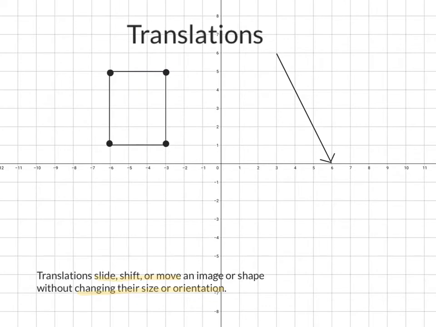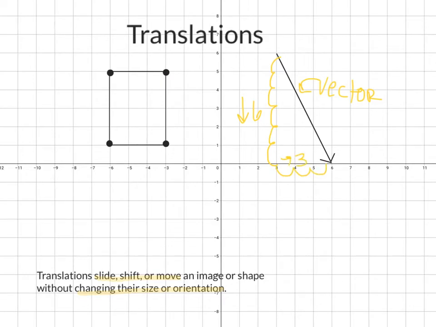Now, oftentimes translations may give you a vector, right? And this vector is going to tell you how much you're going to be translating by. And if I look here, I notice that my vector goes down 1, 2, 3, 4, 5, 6 units, so down 6, and over 1, 2, 3 units, so over to the right 3.